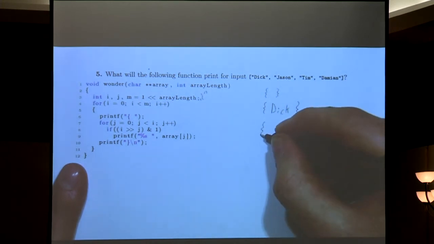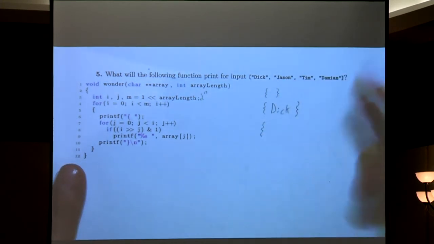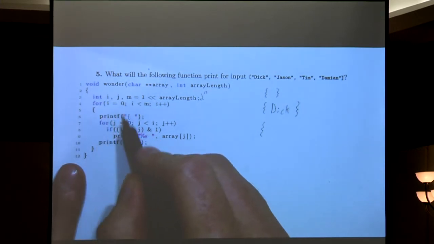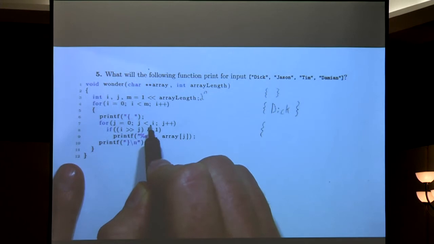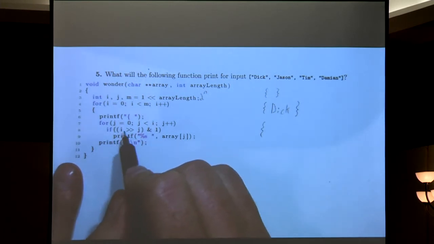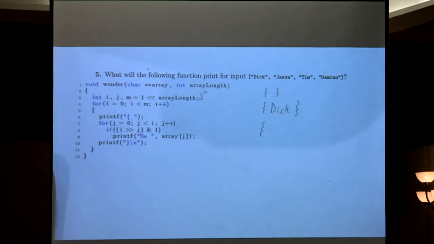Next iteration of the loop. j is 0, j is less than i. So now i is 2. So we have 2. Yeah? This is going to print all subsets of the input array, is what it's going to do.